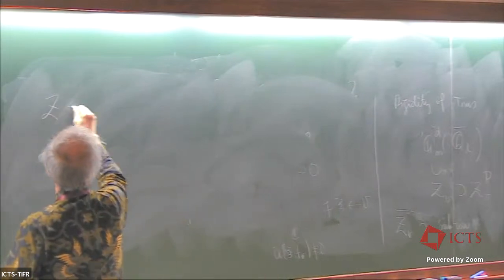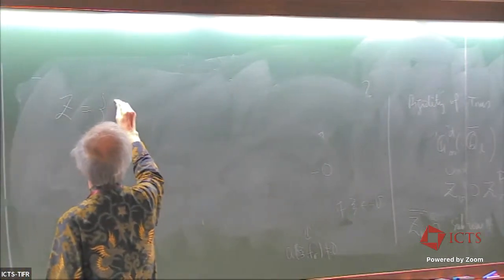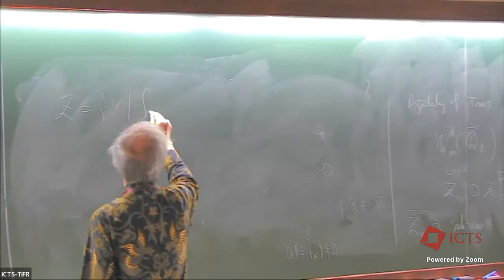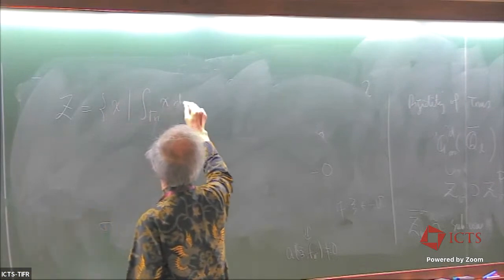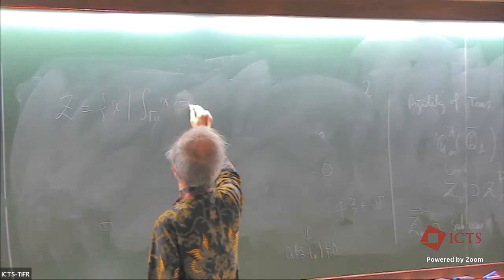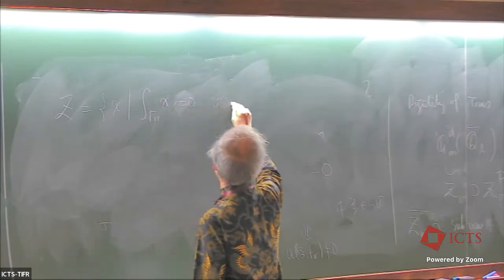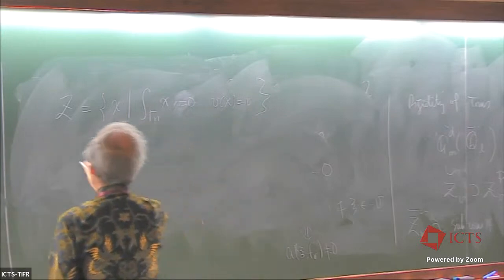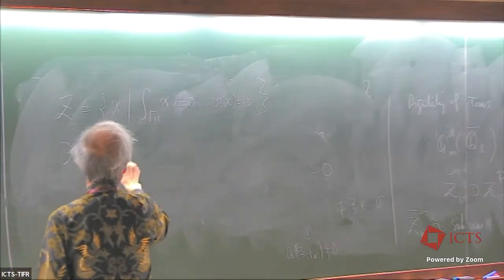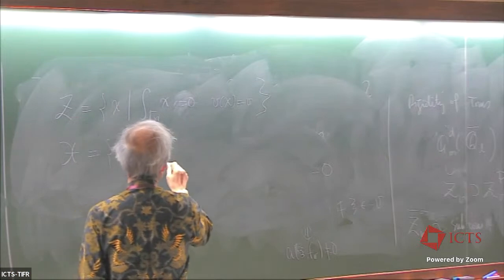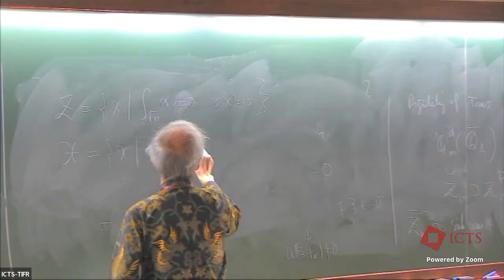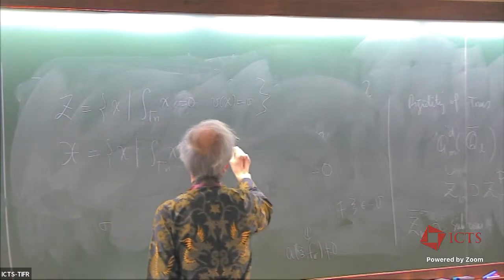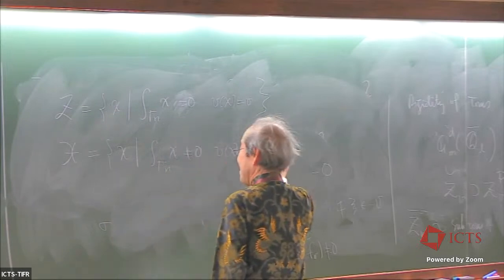Z is basically the chi with integral over gamma of chi d phi being 0, and v chi is given v, something like that. I can also consider the same sort of thing with the opposite, non-zero, v chi is v.